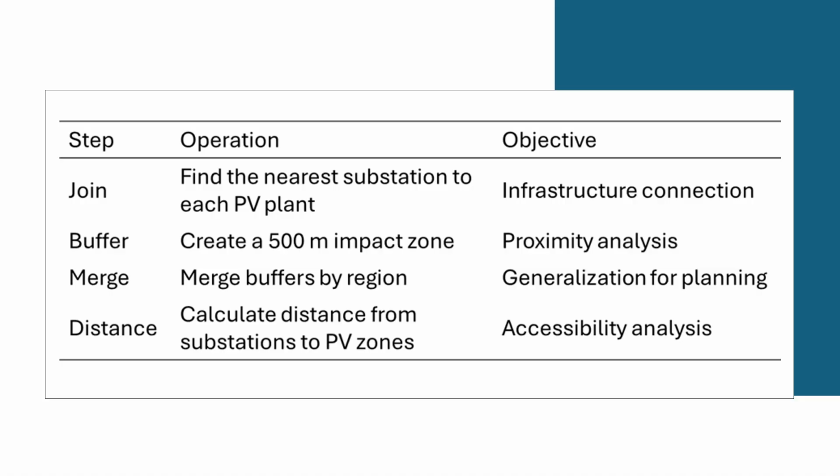We will show how to perform each operation in both QGIS and GeoPandas, and we will use real-world examples such as associating PV plants with substations, defining safety zones around power lines, or measuring distance from infrastructure.